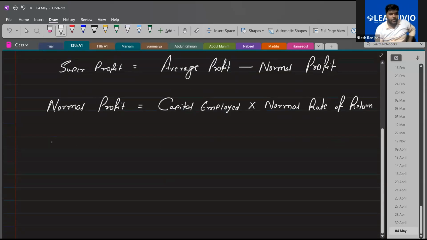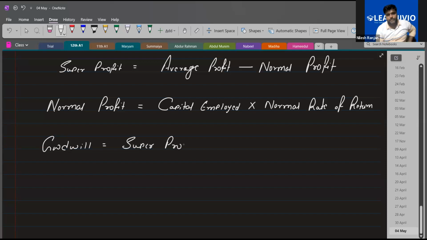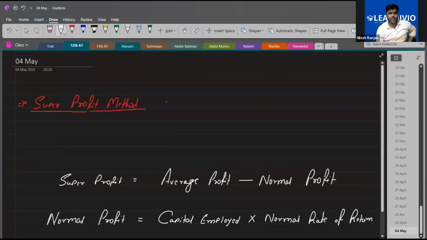Again, goodwill will be super profit into number of years of purchase. So what is the super profit method?